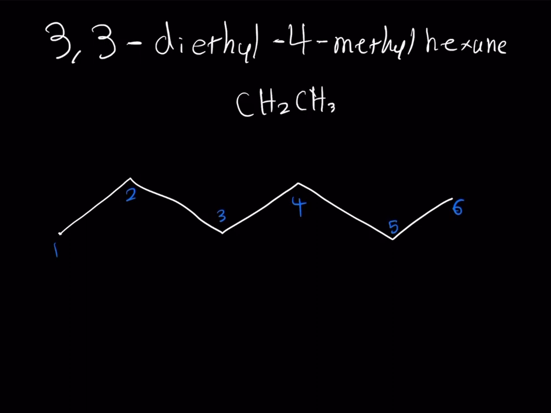In bond line structures, an ethyl is going to look like this. And then on carbon number 4, which is here, we have a methyl. A methyl is just a straight line. That means we have a CH3 at the end. On the ethyl, it means we have a CH2 here and CH3 at this end.